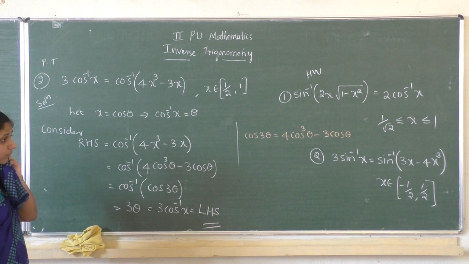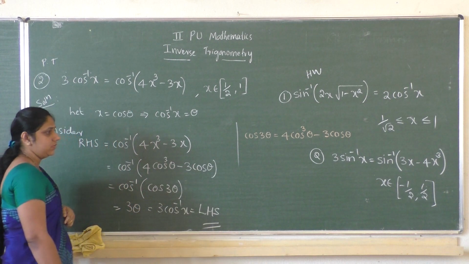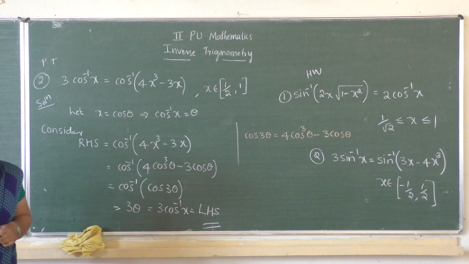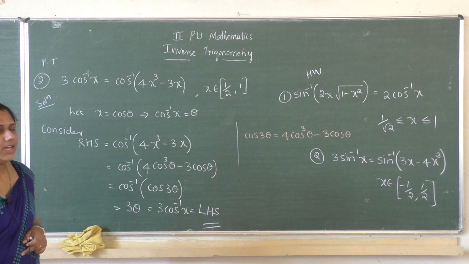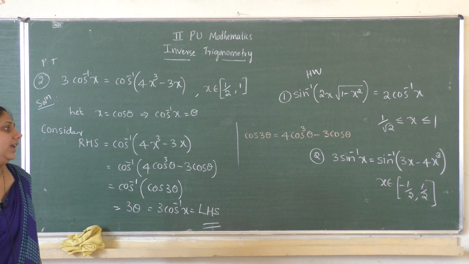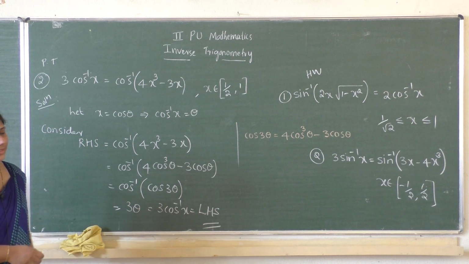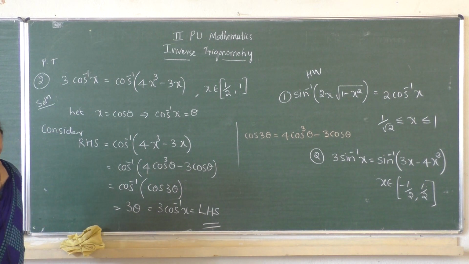See, in this problem you have to take x as which term? Sin theta, because we have the formula sin 3 theta as 3 sin theta minus 4 sin cube theta. So you have to take x equal to sin theta. Then the procedure is similar to the second problem.